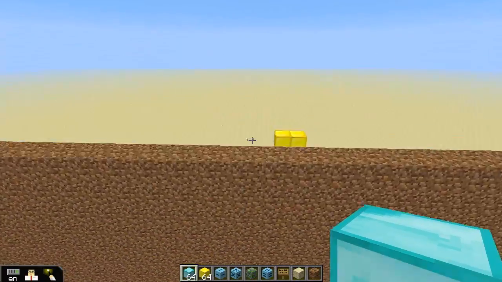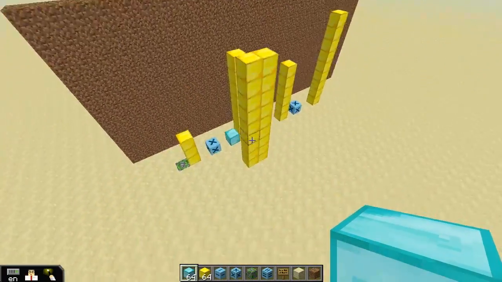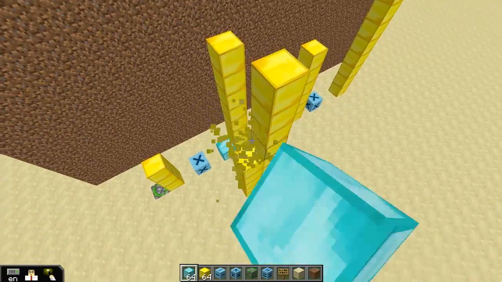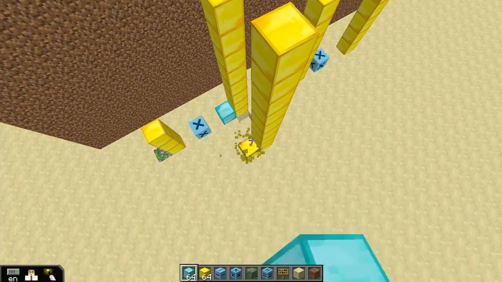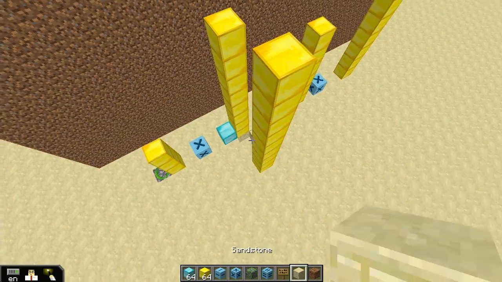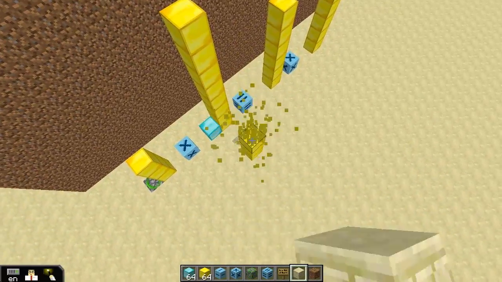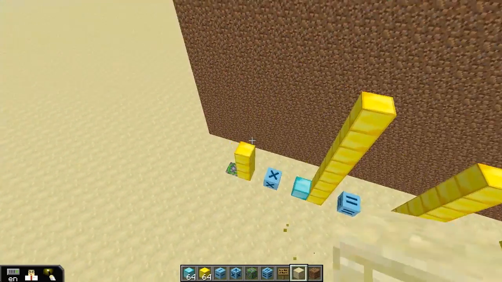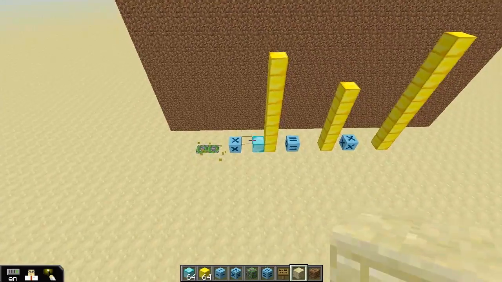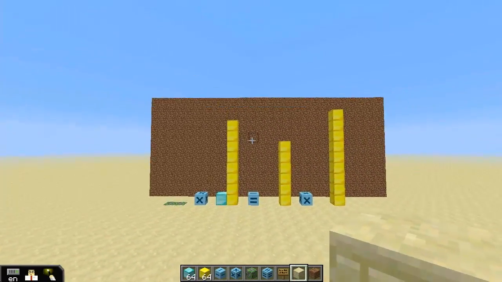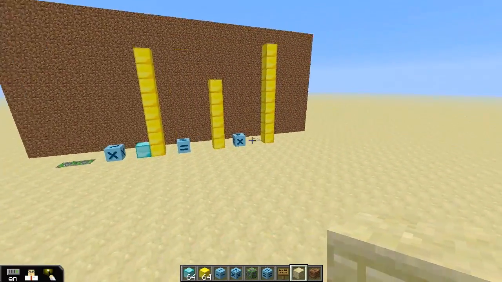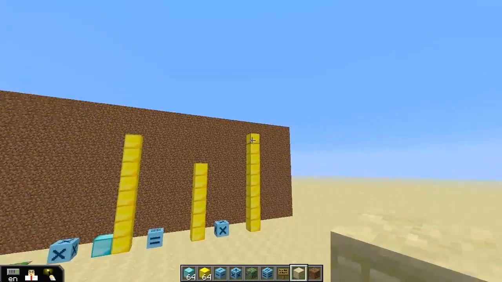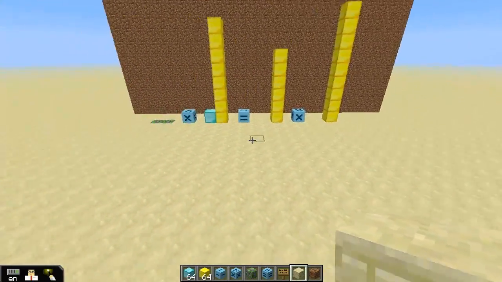If we fly to the other side of the dirt blocks here, we've got another question. So if I get rid of the wrong block down there, and we talk about this one. Something times 18 is 6 times 9. So straight away you're looking at 18 and 9 being your connection.